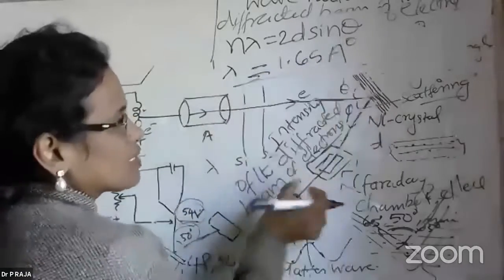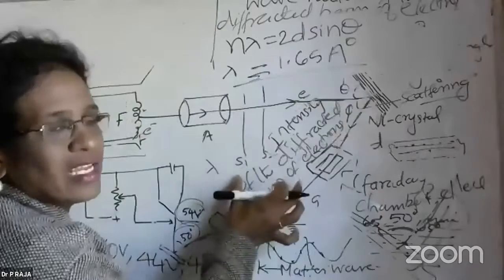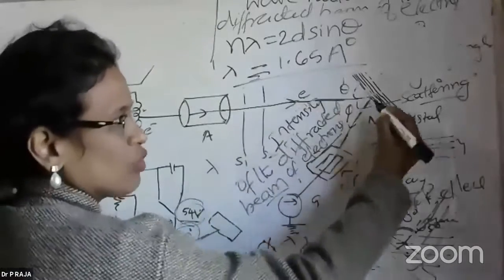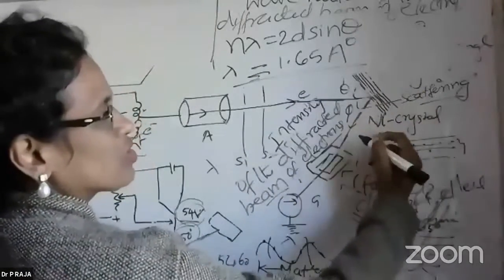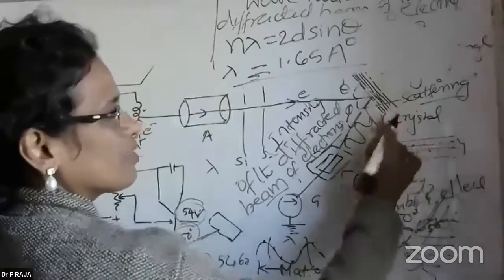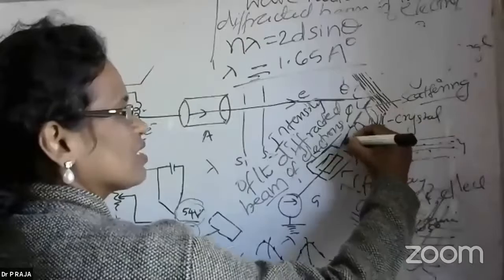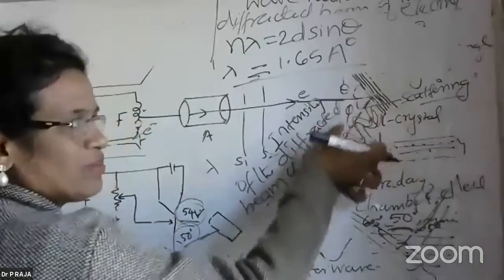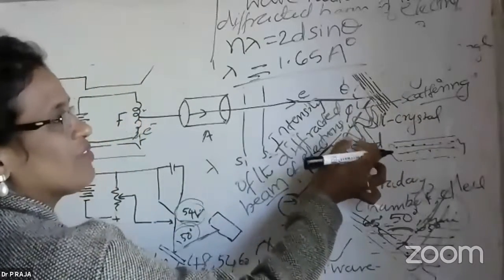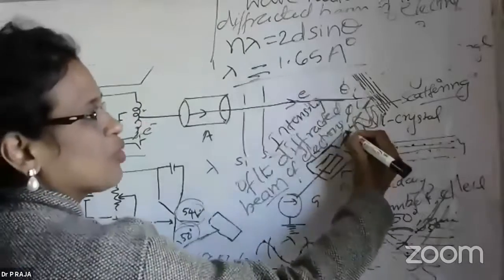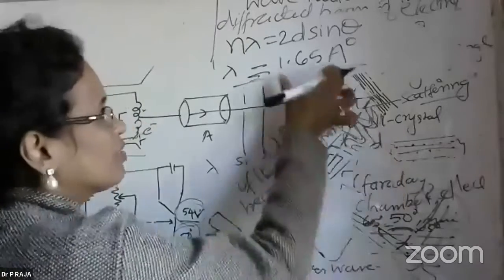That means the diffracted beam is coming out at that angle. Here the electrons are coming in the form of a wave, as an intense diffracted beam, continuous beams of electrons having a wavelength of 1.65 Armstrong.